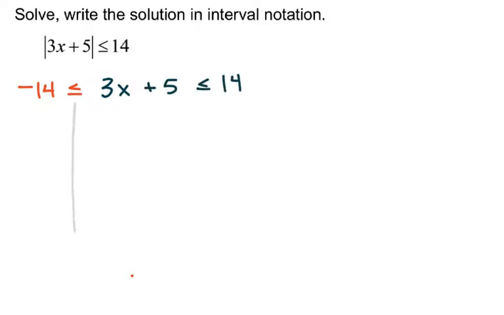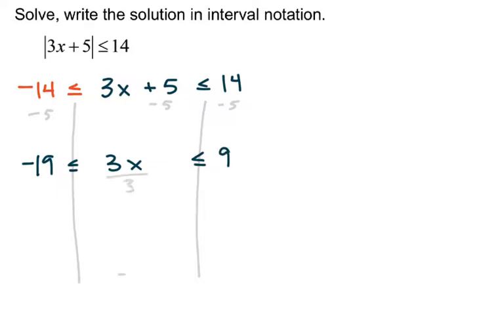As it's all written in one line, you can think about this as a balanced equation or inequality having three pieces. So the first thing I could do would be subtract 5 from either side. I've got negative 19. Negative 19 is less than or equal to 3x is less than or equal to 9. Then dividing by 3, and we do that on each section.